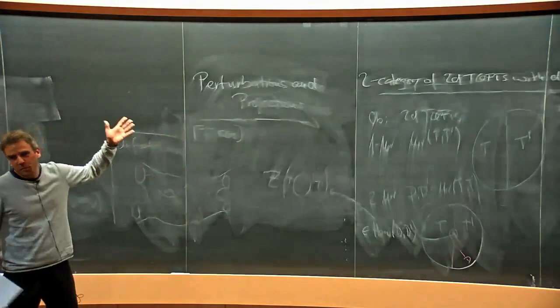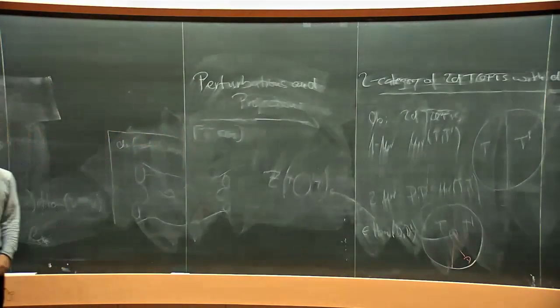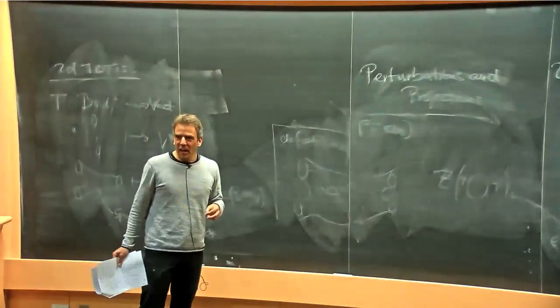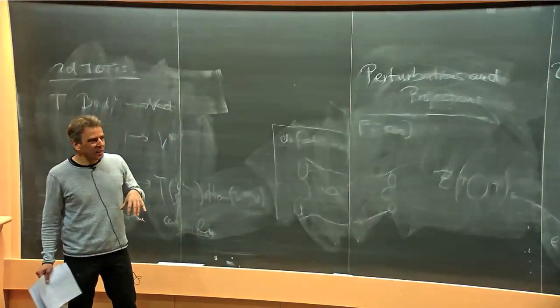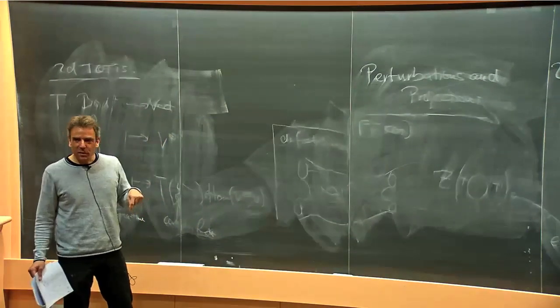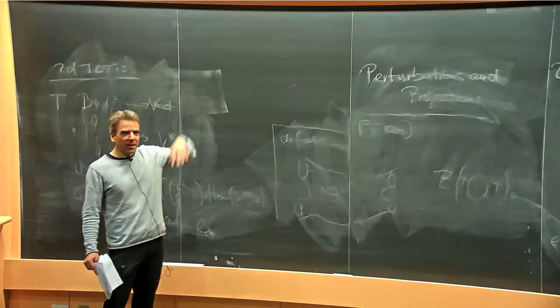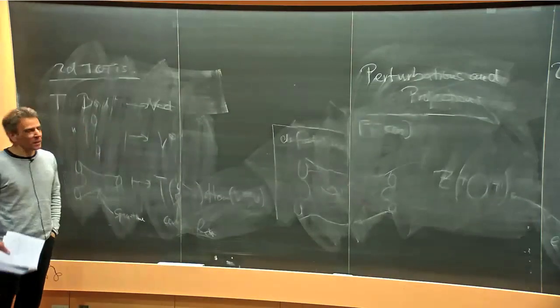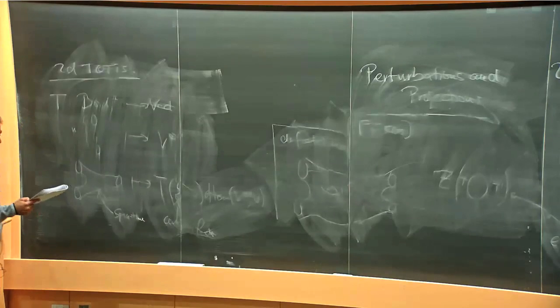So now I want to start with something simple, for instance the free quantum field theory, where we know everything, and do perturbation. And in the end, I will tell you that all the perturbations of this theory can be described inside the simpler topological quantum field theory by means of projectors.